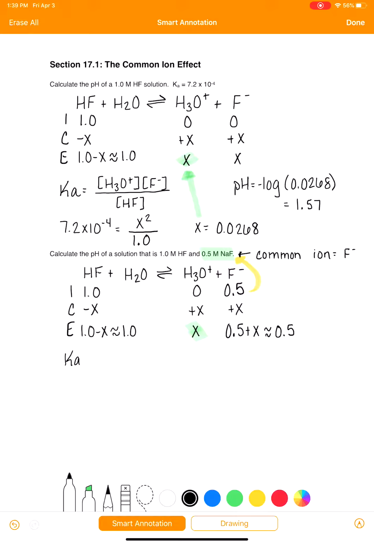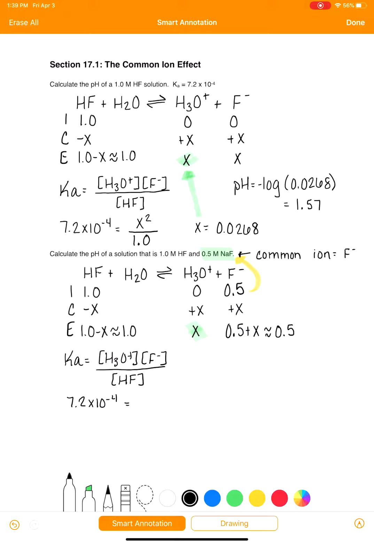So we're going to write an equilibrium expression. Ka is H3O plus times F minus over HF. We're going to plug in as much as we can. The Ka hasn't changed. Ka is still 7.2 times 10 to the minus 4.